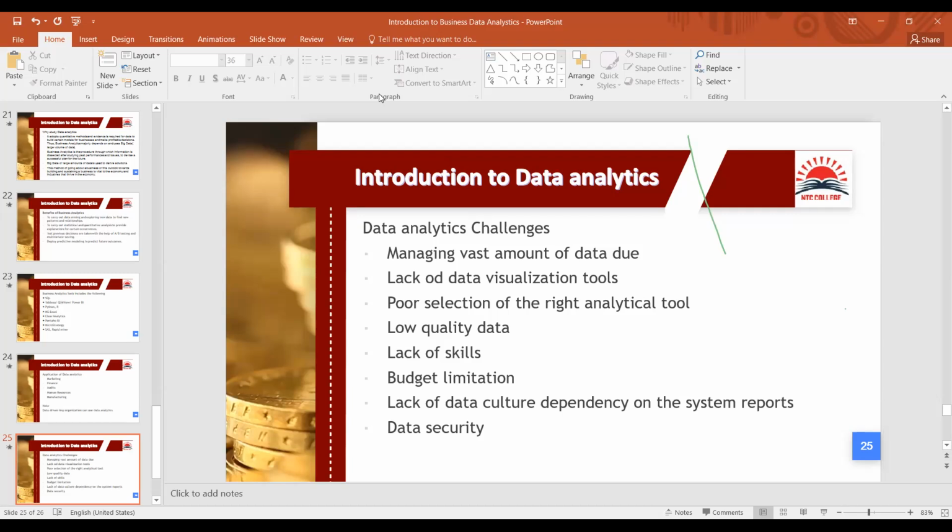Then there's also poor selection of the right analytical tools. Like we have mentioned, we not only have Microsoft Excel as a tool for data analytics, but we also have quite a number of tools. So sometimes you may take a tool that is a bit complex, and at the end of the day, you may not really be able to derive more meaning from the data that you have analyzed.